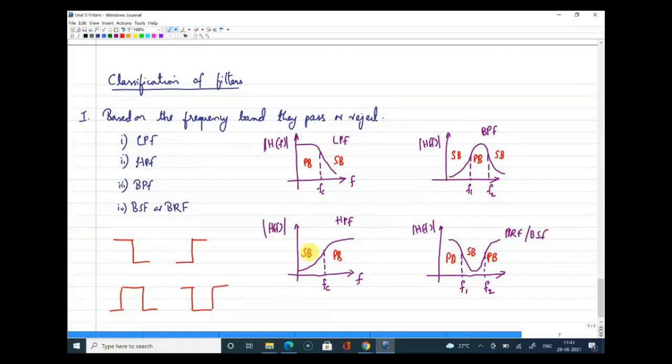Take the very common example of a low pass filter. A low pass filter generally will have two components, a resistor and a capacitor, and those components will decide or define the cutoff frequency. Is that what you asked, Anushka?